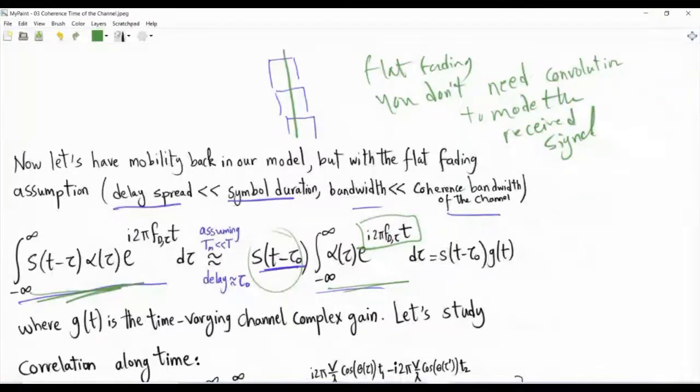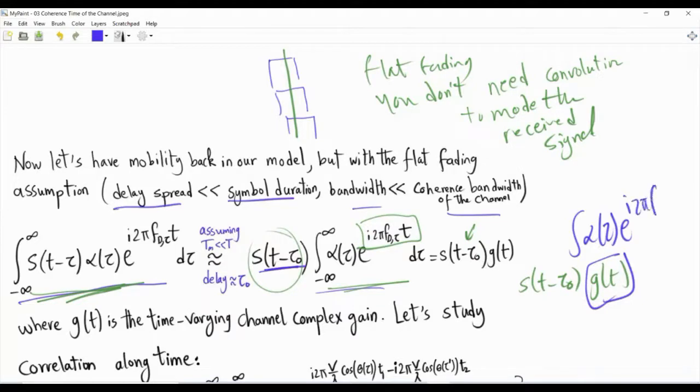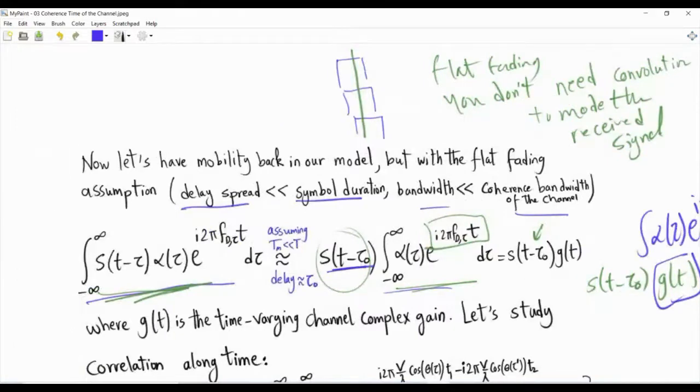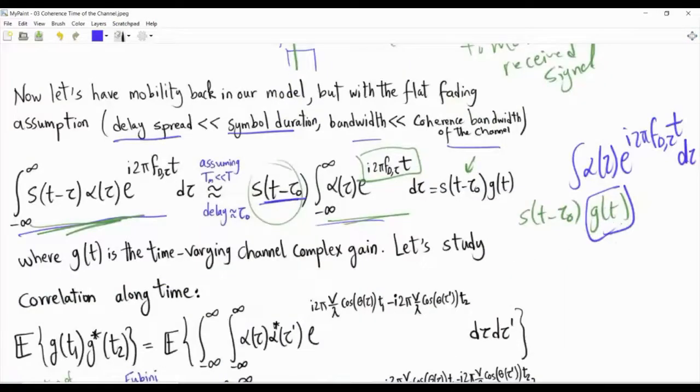Okay, so now our model will be a symbol, s of t minus tau, multiplied by g of t, and g of t is basically the sum or integral of alphas, and now we have also those guys, e to the I2 pi f_d of tau t d tau. Okay, so this is the time varying channel gain. Because it is a summation or an integral, it accounts for multipath effect.